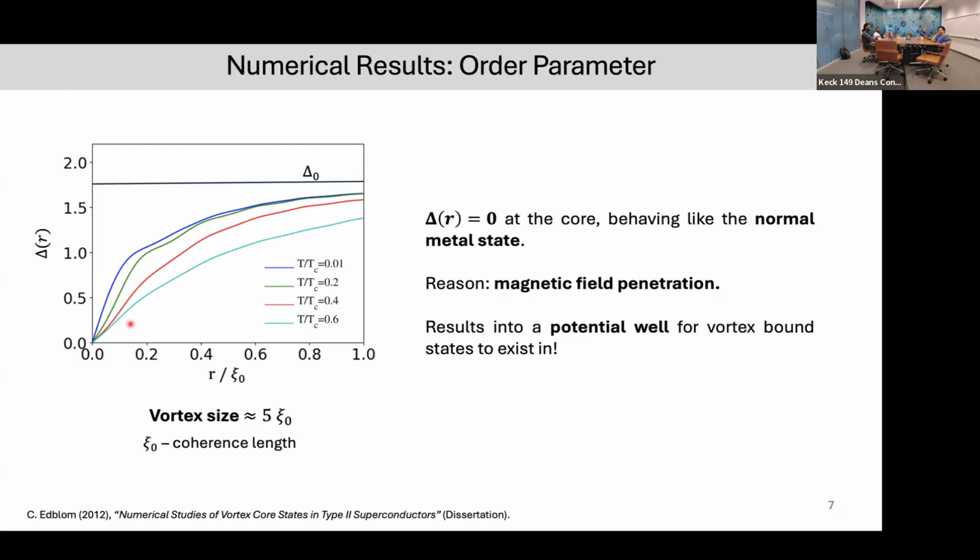It is a function of distance, and it is especially zero at the vortex core, because at the vortex core there's perfect magnetic field penetration, and the core behaves in a way like the normal metal state. I'm only plotting the radial part of the order parameter here, but since there is cylindrical symmetry involved, if you plot it in 3D, there's a potential well form of structure forming here. And it's easy to see that there will be some bound states that exist in that potential well.